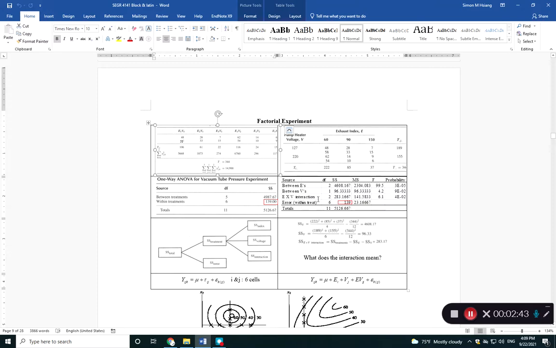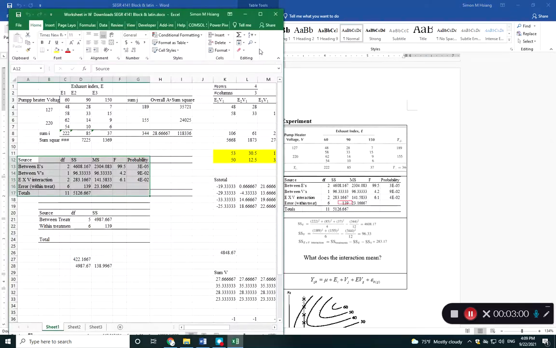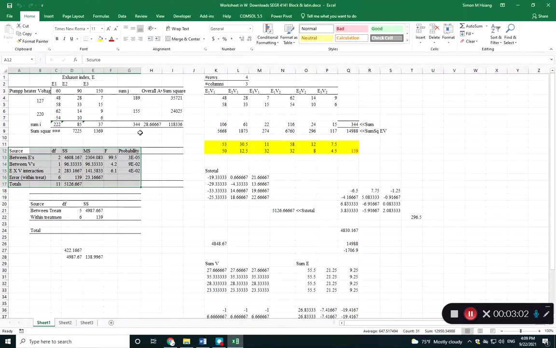Here, let me open up this one. There we go. Okay, so look at this 2 different ways, okay?